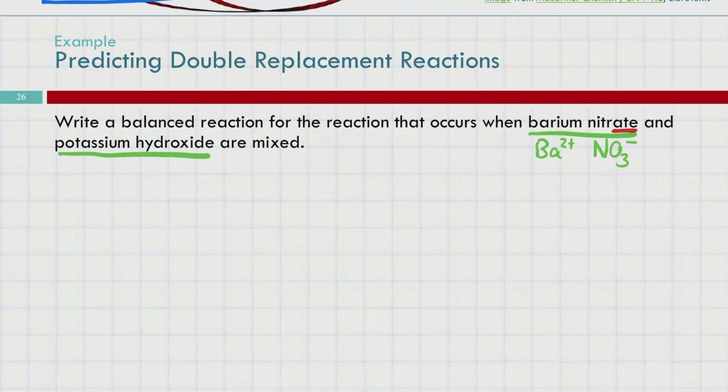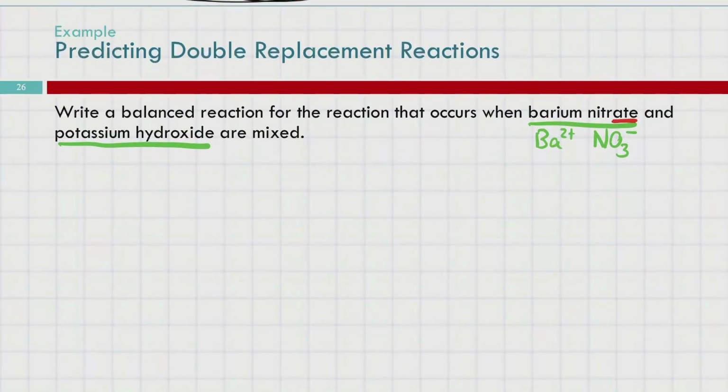And then we can crisscross the charges. So this 2 will come down and become the subscript for this entire NO3 group. So we would combine this to Ba(NO3)2.